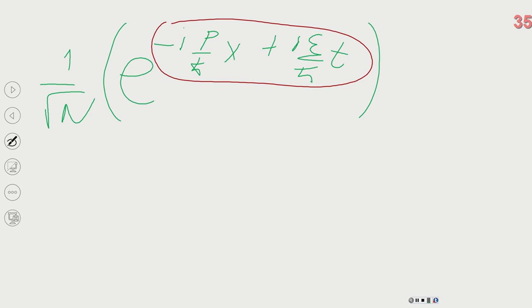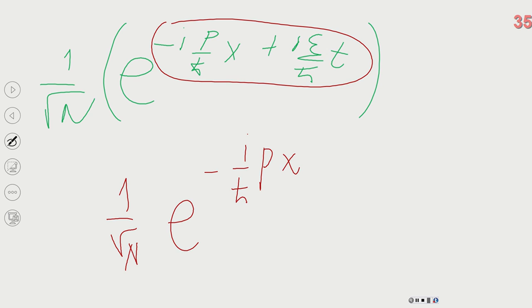In a more narrow sense, one can call plane waves the same equation without the spatial part.